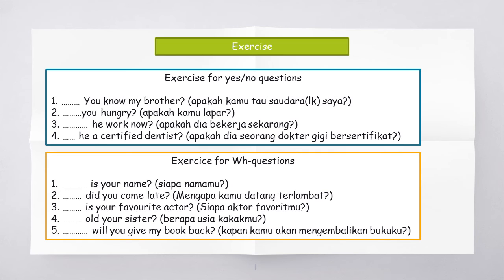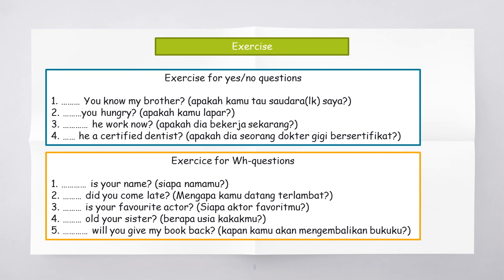In the sentence, we must identify whether the sentence has a verb or not. From number 1, it has a verb. The verb is know.